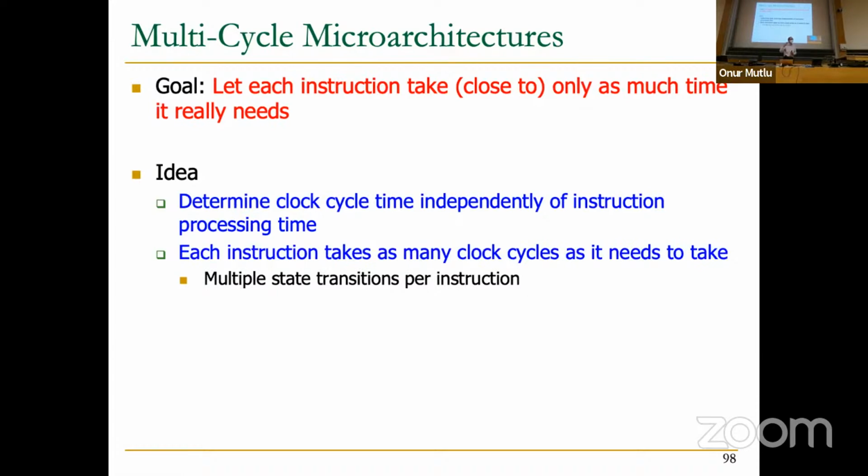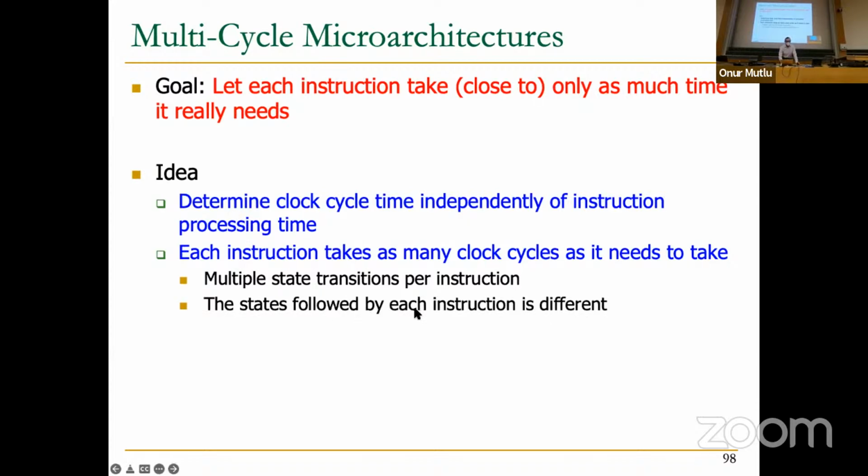So we're going to design a finite state machine to enable this, or more complicated finite state machine, because a single cycle microarchitecture is also a finite state machine, except it's a very simple finite, well, simple in the sense that you have a state register and combinational logic, and that's it. In a sense, it looks relatively simple. But now we're going to actually have lots of states in our finite state machine and many state transitions per instruction.